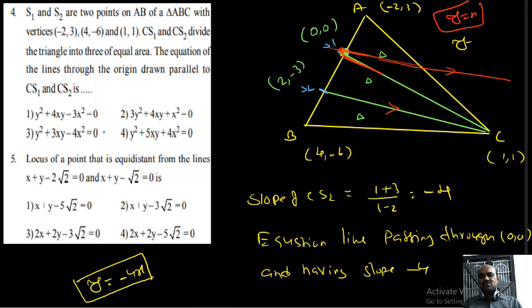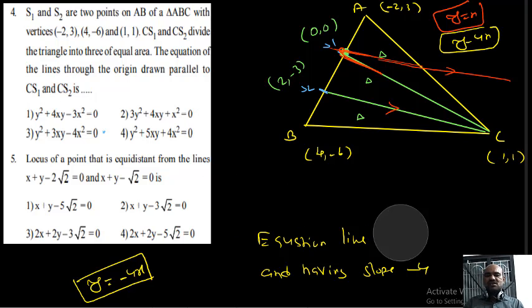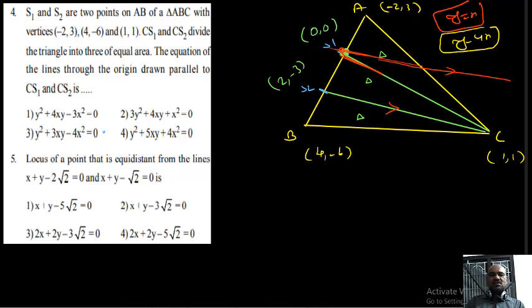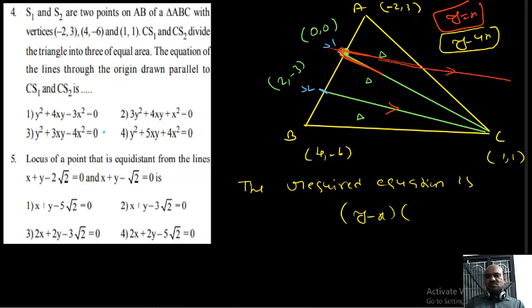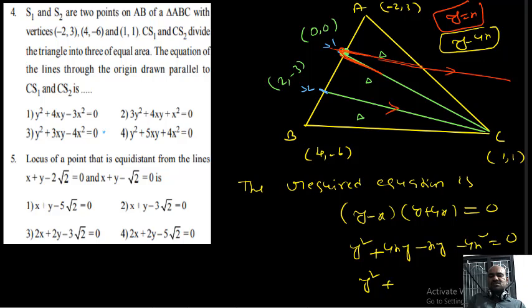So you want to find the combined equation, we just multiply those two, and what we will get is the combined equation of those two straight lines. The required equation is (y minus x)(y plus 4x) equal to 0, or y square plus 4xy minus xy minus 4x square equal to 0, or y square plus 3xy minus 4x square equal to 0.